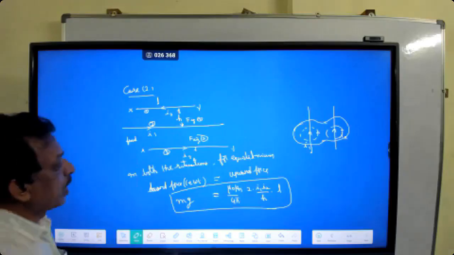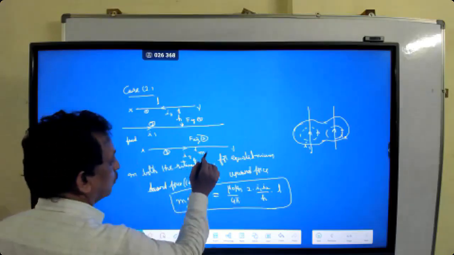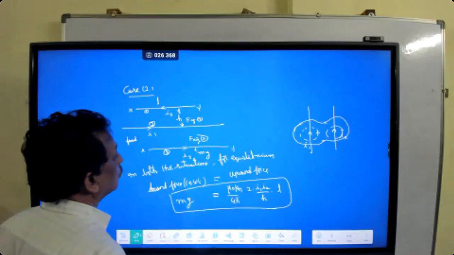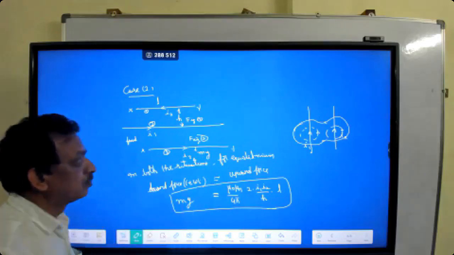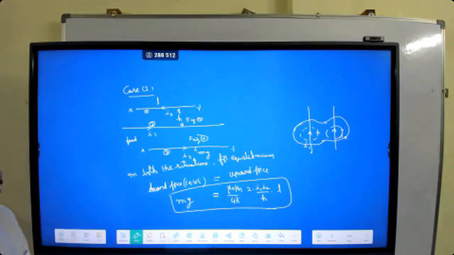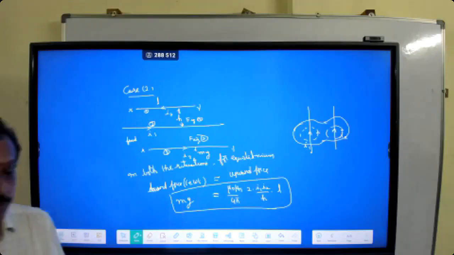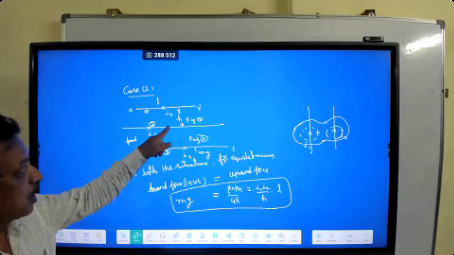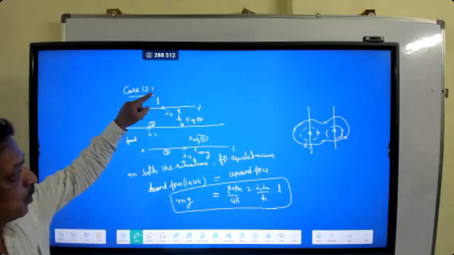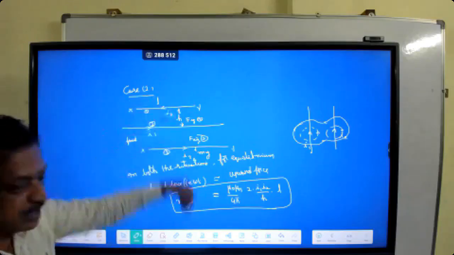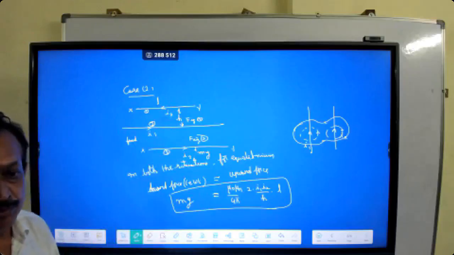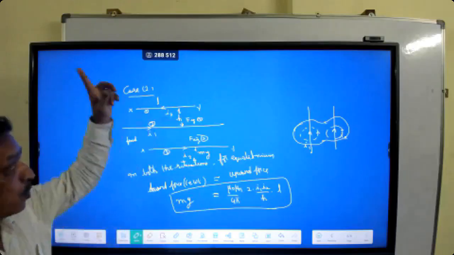This is the mg effect. When it is a repulsive force, or the attractive force, mg is acting down and this is acting as the upward force.